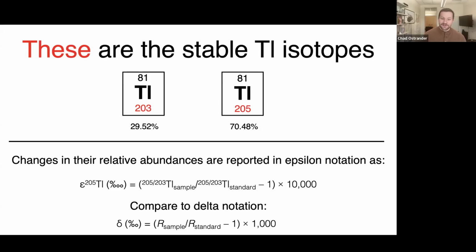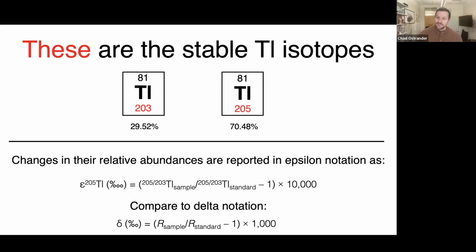Changes in the relative abundances of the two stable thallium isotopes are typically reported in epsilon notation, epsilon 205 thallium, in units of parts per 10,000 or per myriad. So this looks a little bit different than typical isotope systems, which tend to report data in delta notation in parts per thousand or per mil. But it's essentially the same thing.